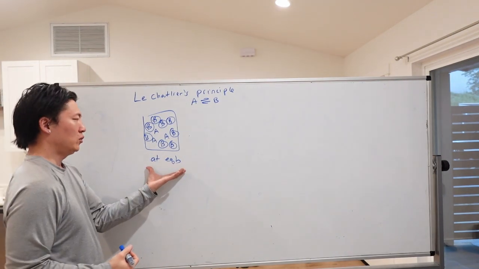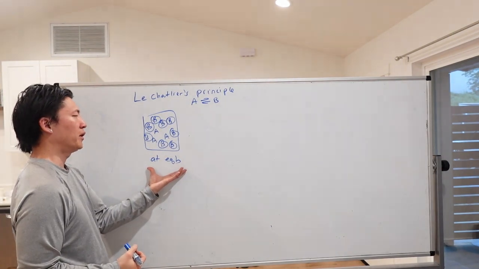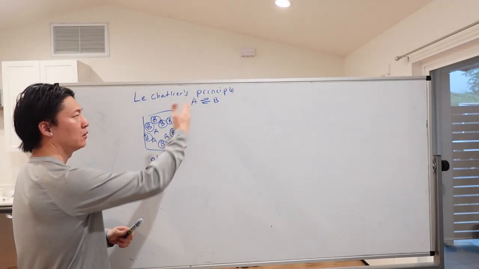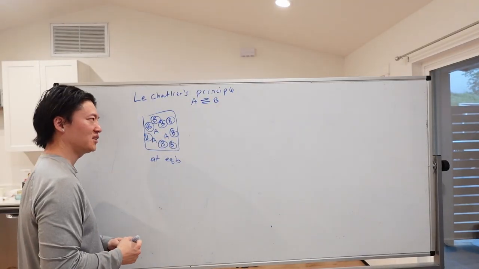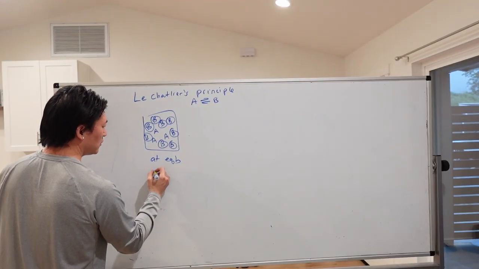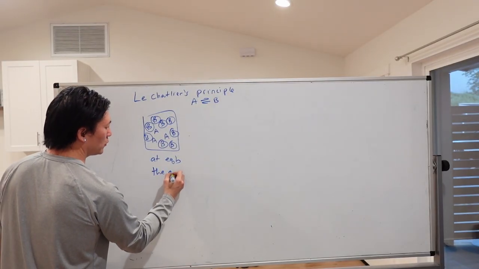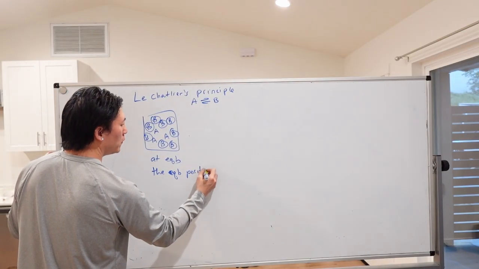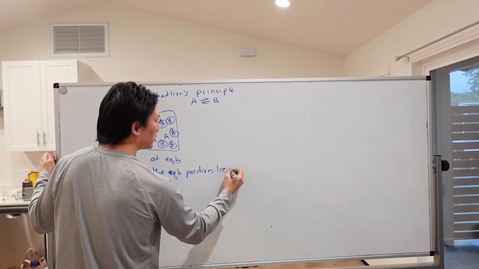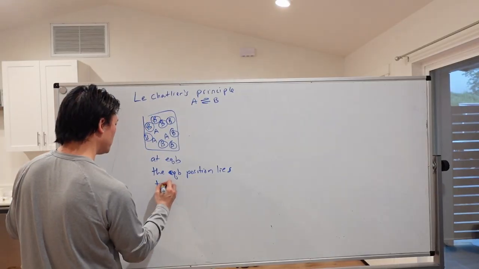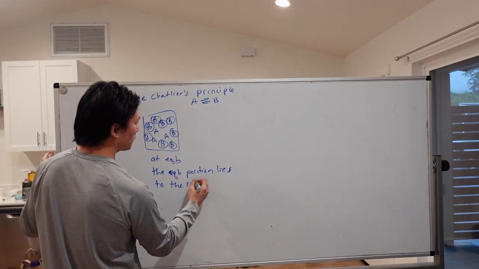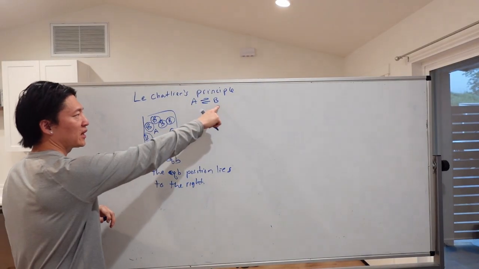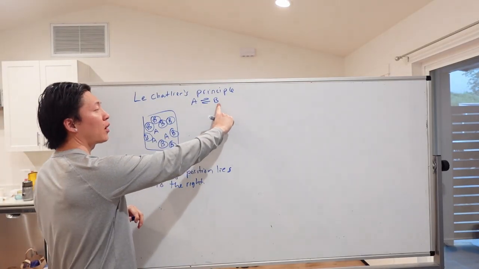So, at equilibrium, in this situation, the equilibrium position lies to the right, because there's more right side particles, or product particles, B.